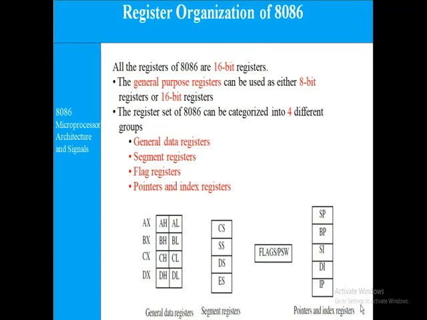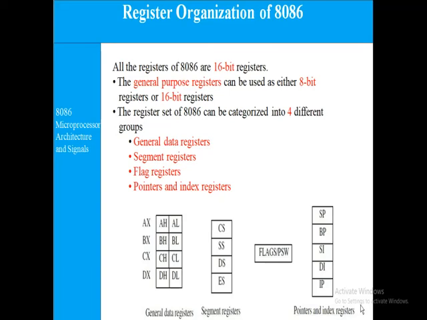But special purpose registers are used for special functions such as segment registers, pointers, index registers or offset storage registers for particular addressing modes. These registers are all 16-bit registers.